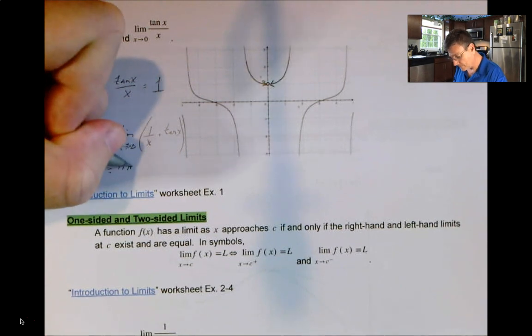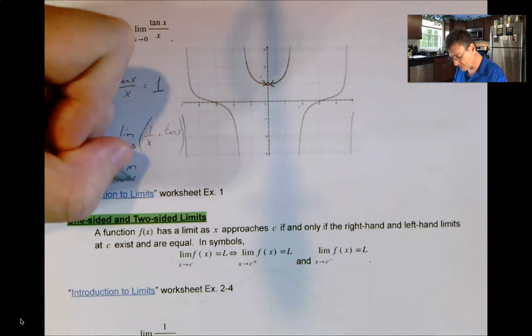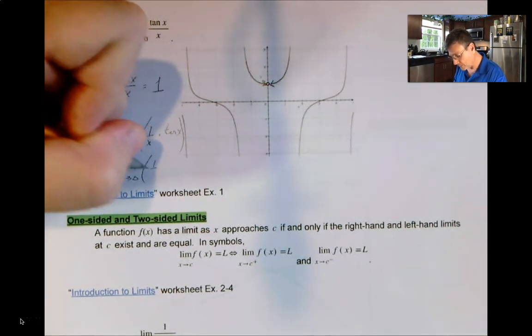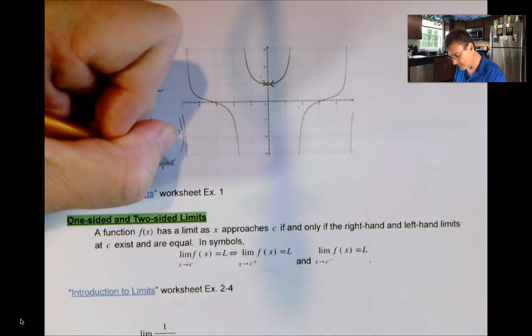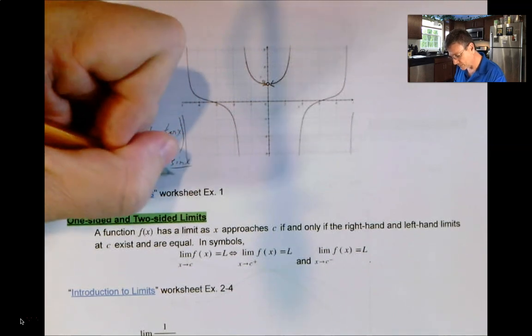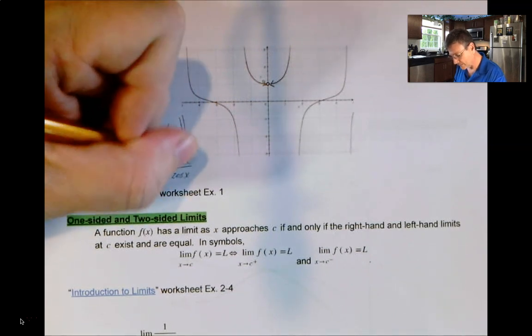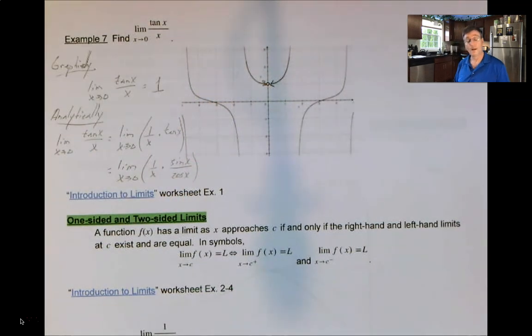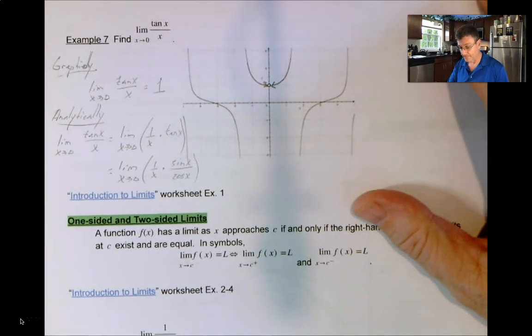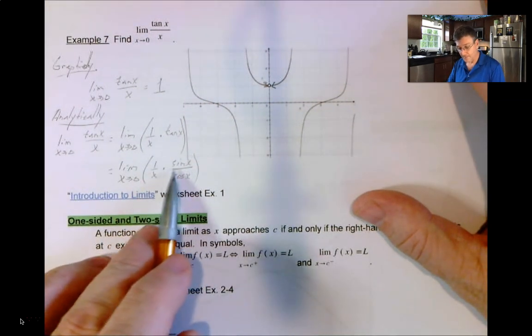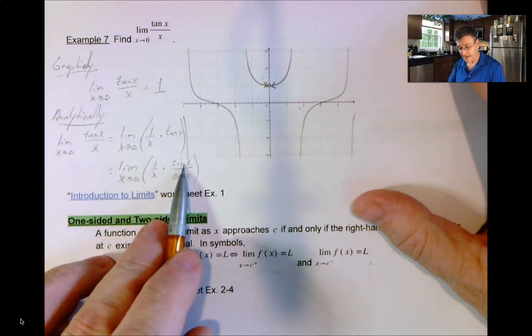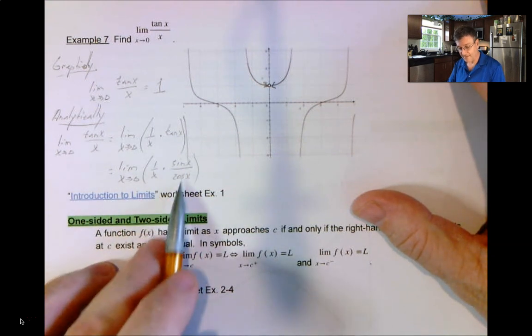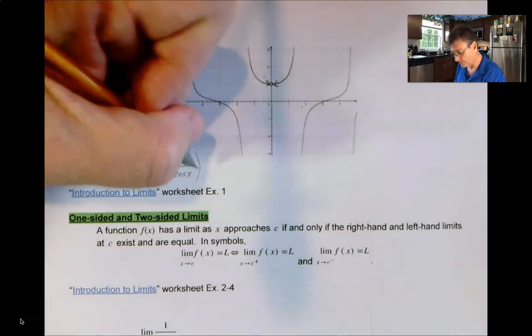Limit as x approaches 0, 1 over x times sine of x over cosine of x. I can rewrite this again because I can move the sine of x over the x instead of over the cosine, which is what I'm going to do.